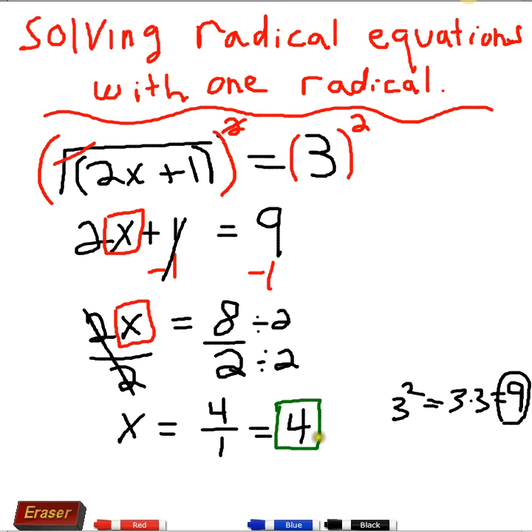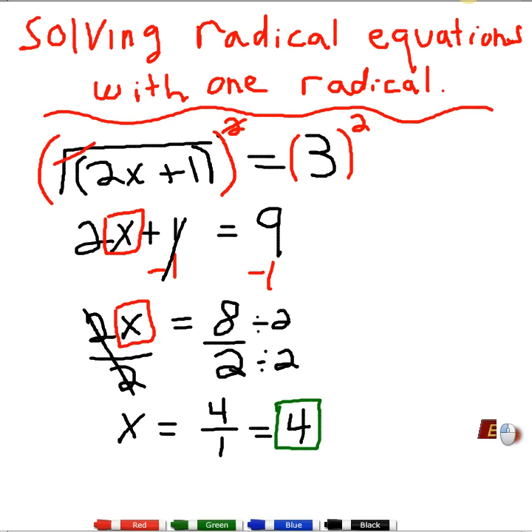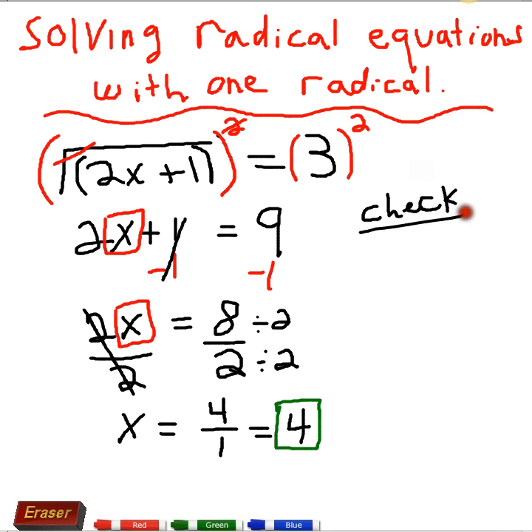The reason I say potential is because if we're solving an equation with a square root, we always have to check the answers that we get. So I usually go off to the side and just write check, and I'll put a little note, we're checking x equals 4.